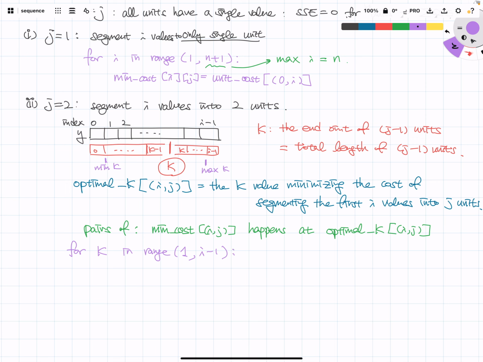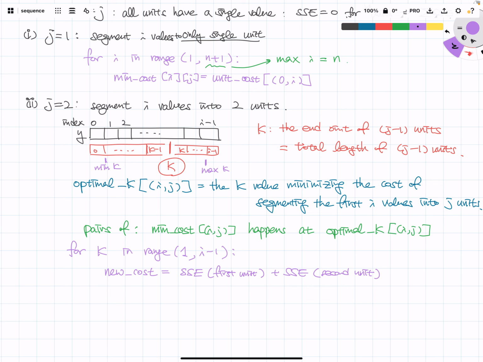And for this range, we can calculate the cost as the SSE of the first unit plus SSE of the second unit, right?